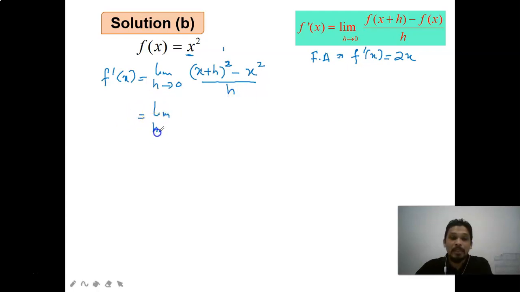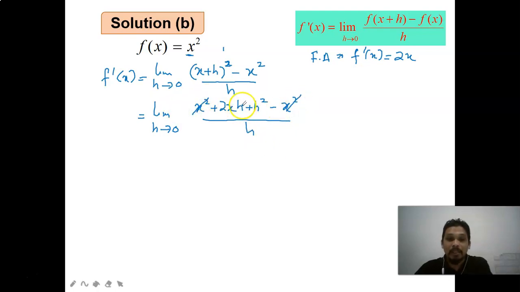Okay, limit h approaching 0. Expand this. Okay, so slowly (x plus h) in bracket squared. It is x squared plus 2xh plus h squared, minus x squared, and everything divided by h. x squared minus x squared.